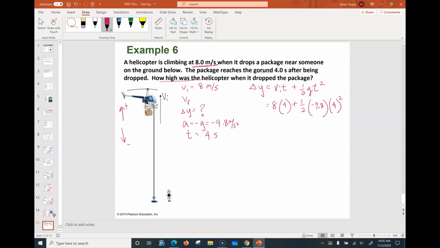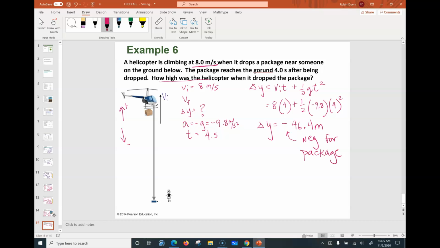And if you crunch out all those numbers, put them in your calculator, you will get a negative 46.4 meters. It's negative because the package actually traveled downward. The package is now below where it started. So negative for the package.